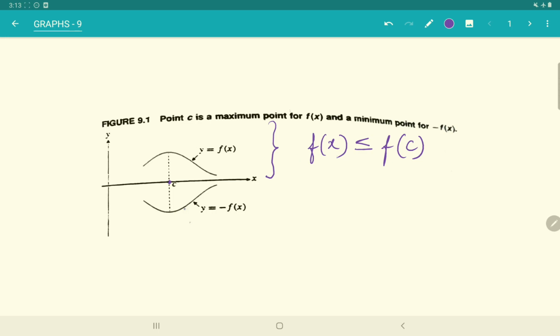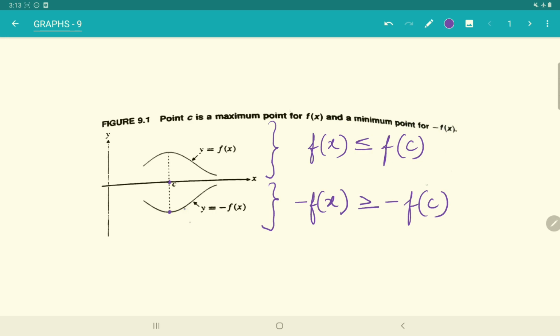That means c is a maximum point for f of x. In the lower portion, if you look at minus f of x, you see that it is greater than or equal to minus f of c for all x belonging to the domain D. So clearly c is a minimum point for minus f of x.